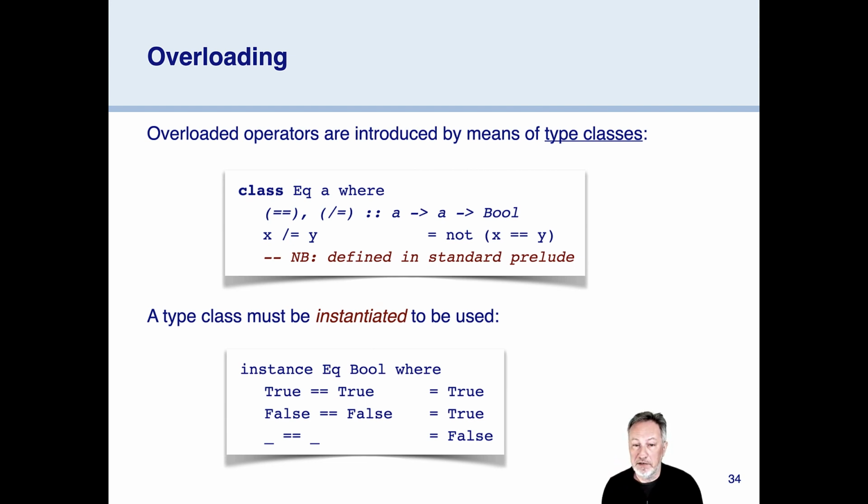It defines essentially an interface of two operators, equals equals and slash equals. The first will test for equality and the second will test for inequality. Each of these is a curried function, takes an A and returns a Boolean.